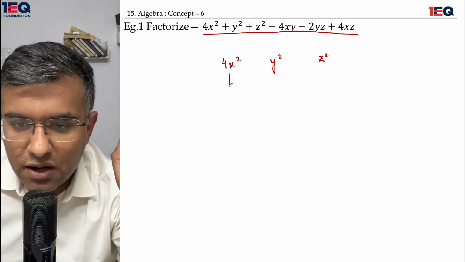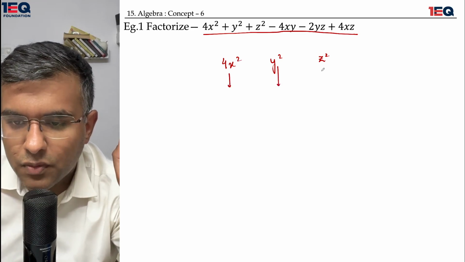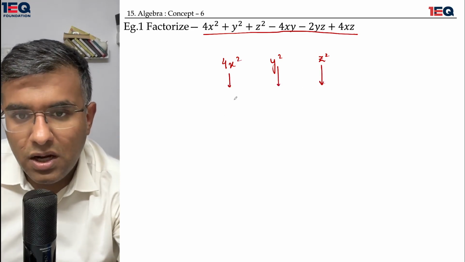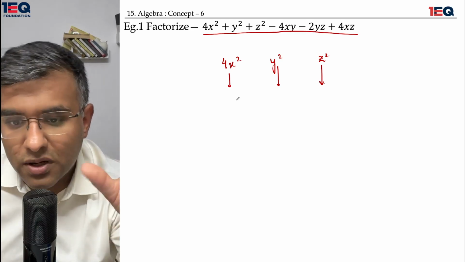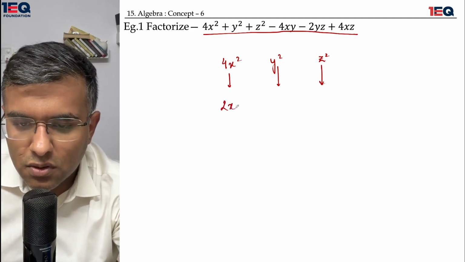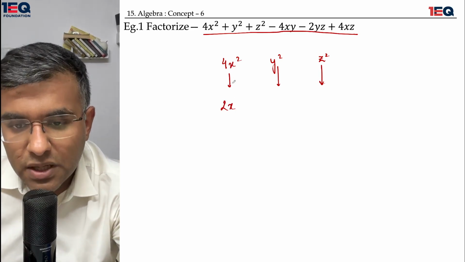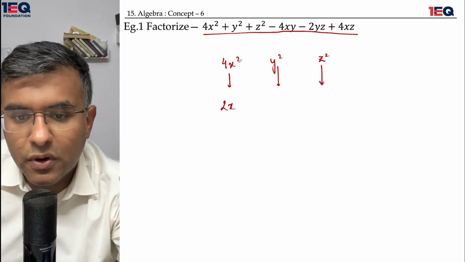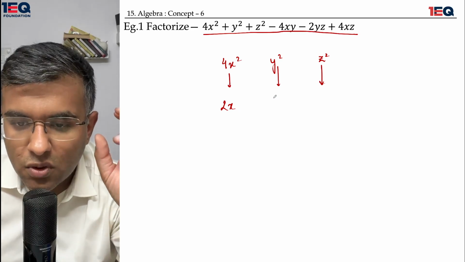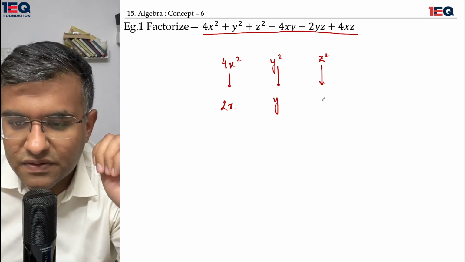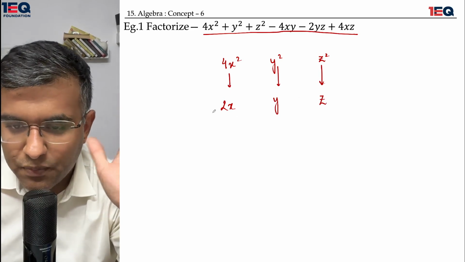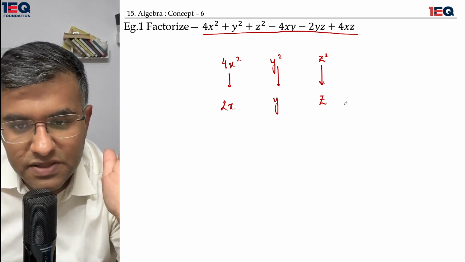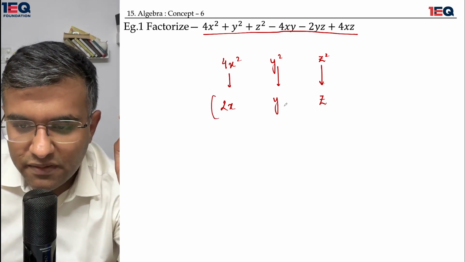So first of all, I would need to put all of them down into their rooted forms. The square of 2x would become 4x square, that is why the root of 4x square is equal to 2x. The root of y square would be y, and the root of z square would be z. So I have my complete variables available.